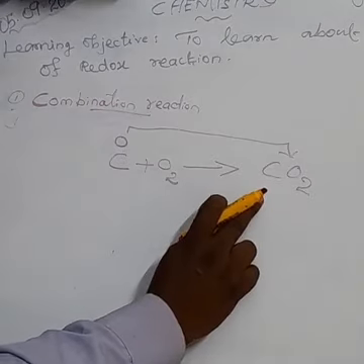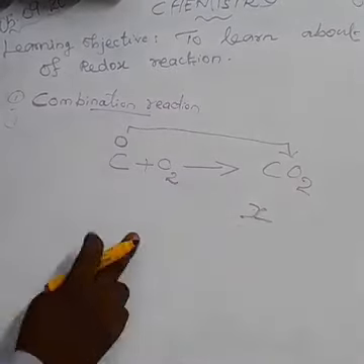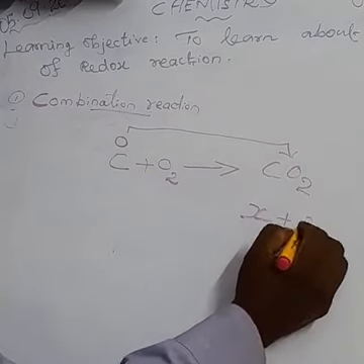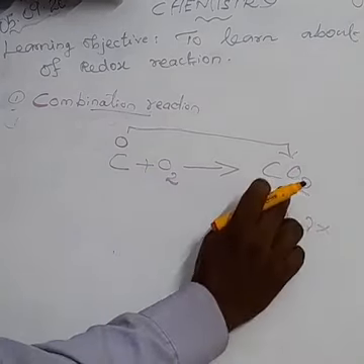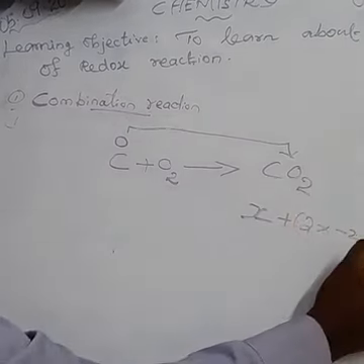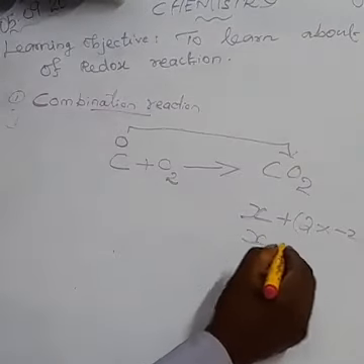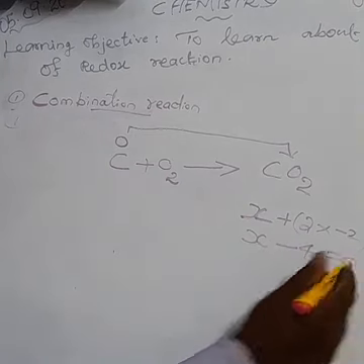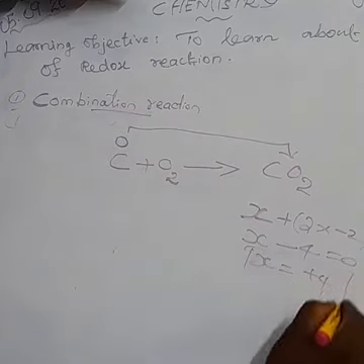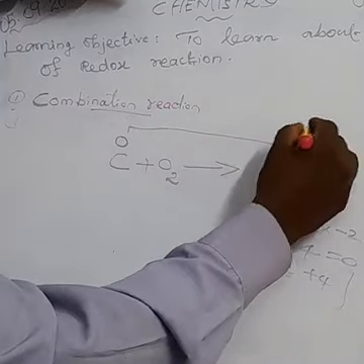We don't know the carbon oxidation state, so we take it as X. X plus 2 oxygens, each with charge minus 2, equals 0, because there is no overall charge. So X minus 4 equals 0, so X is equal to plus 4. Clear? So the carbon oxidation state is plus 4.